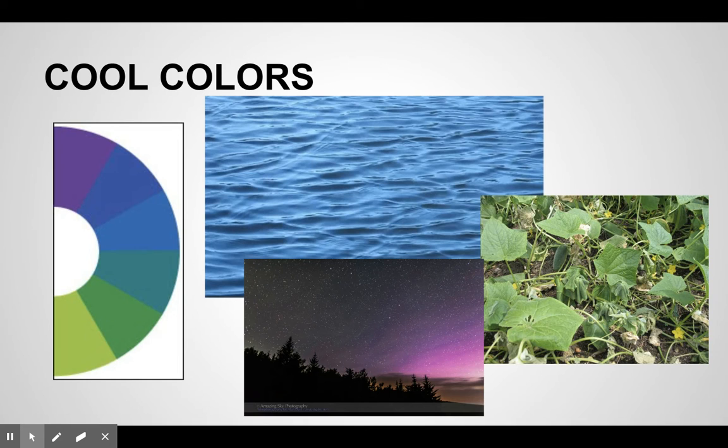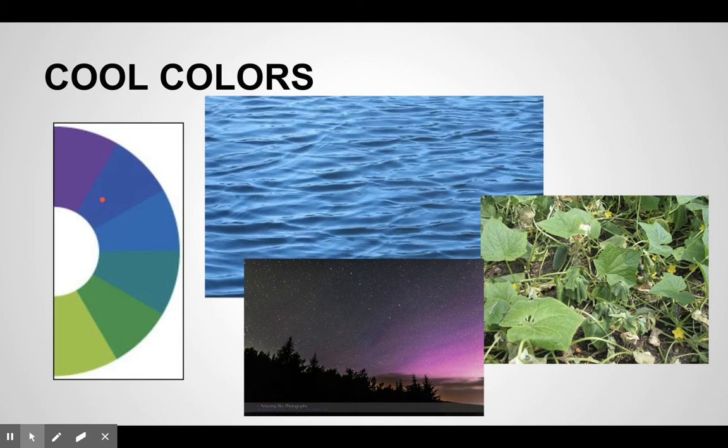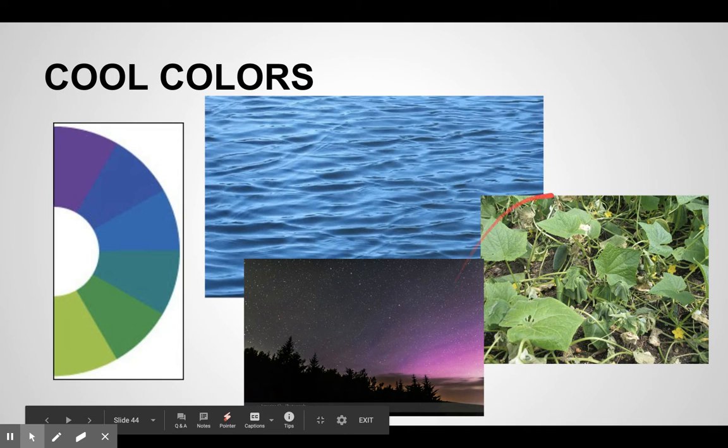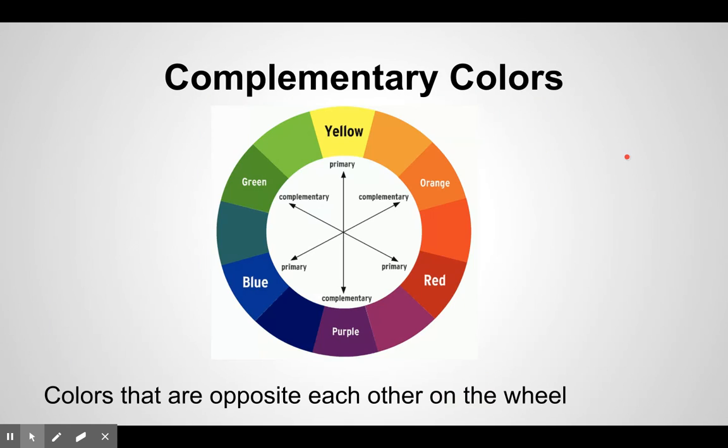Then we have cool colors, which go from the greens to the blues and the purple, because those are associated with things that are cool, like ice and water, nighttime. Nature can be very cool. Think about if you ever get up in the morning and walk on the grass or touch the bushes outside, they have that cold dew on them. So those are cool colors because they're associated with things that are cold.